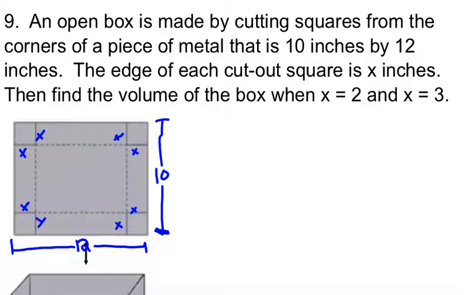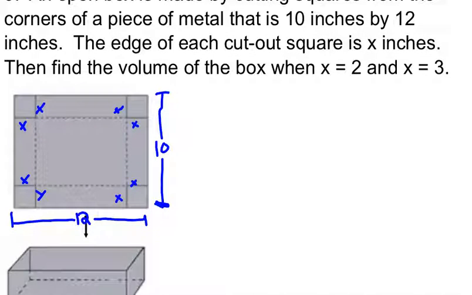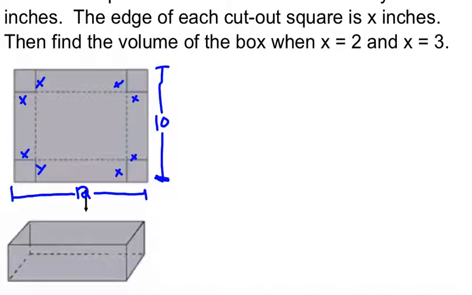The first thing we need to do is take a look at this little picture. When we cut these squares out and fold up the sides, this length is no longer 12 because we've cut out an x on this side and an x on this side. So the length of our box is 12 minus 2x. Same thing with the width.